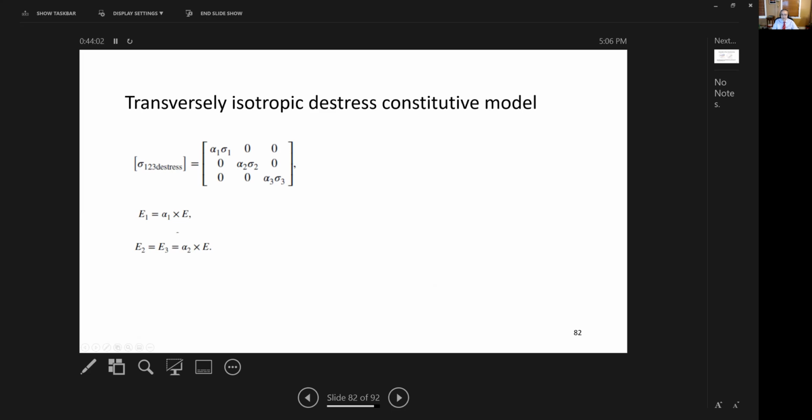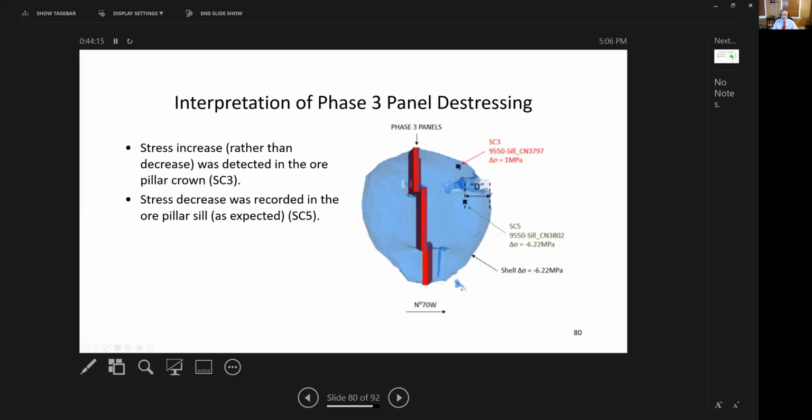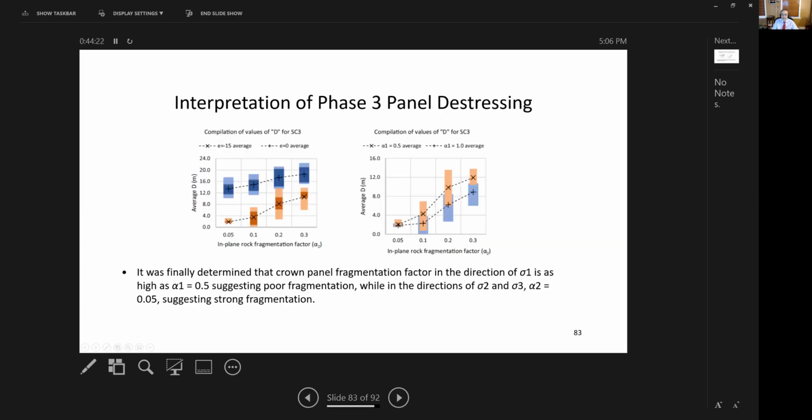So alpha 2 and alpha 3 are equal. So it's reduced to finding alpha 1 and alpha 2. So we will use the stress readings above here to figure out alpha 1 and below to figure out alpha 2.